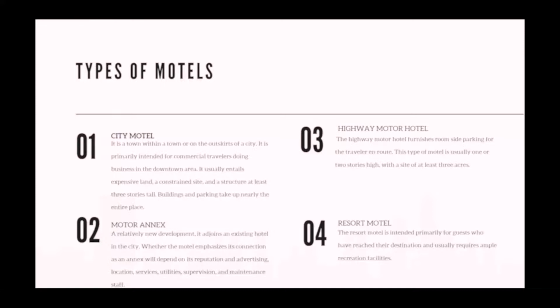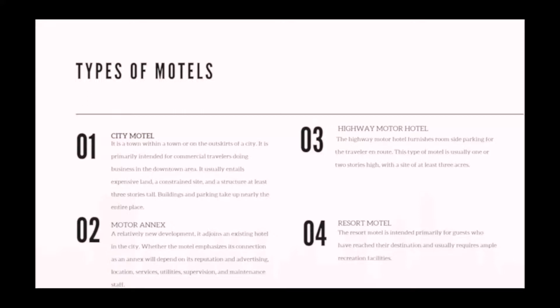So sa labas talaga ng city, makikita tong highway motor hotel. Usually they are 2 stories high with a lot of space, since nagki-cater din ang highway motor hotels for the vacationers having a break from city life.